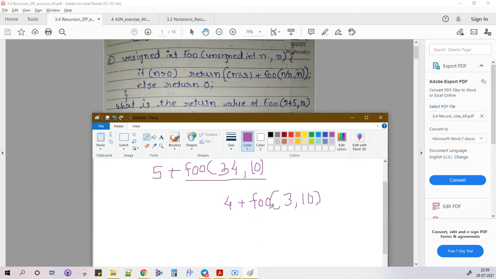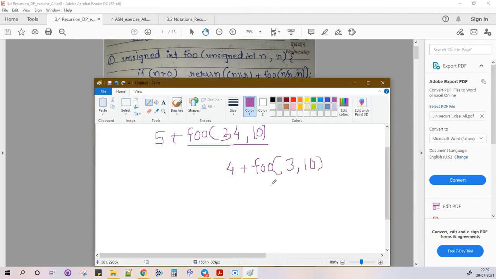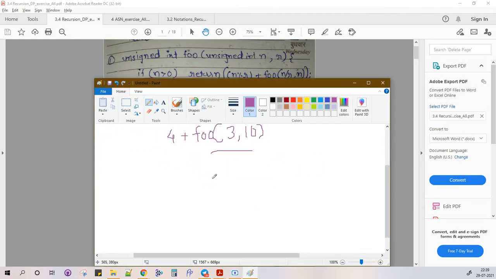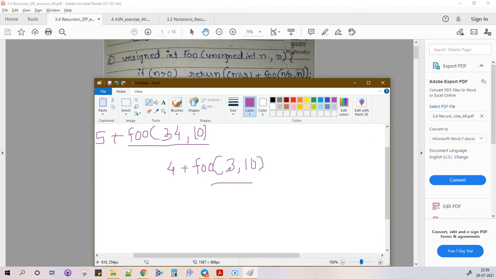Now again I will call the function, foo(3, 10). Just bear with me for a moment. 3 modulo 10 gives the remainder 3, plus again I call the function foo. Now 3 divided by 10 is nothing but 0, because it is integer division, and 10. Now what will happen?